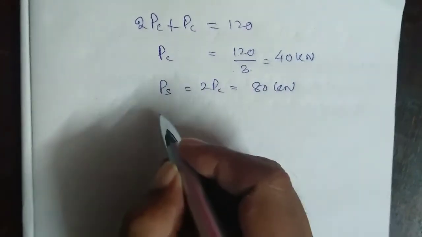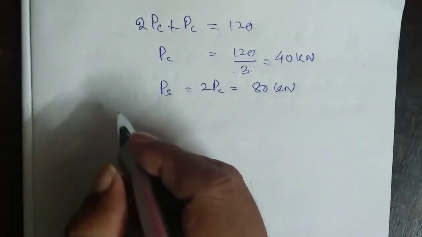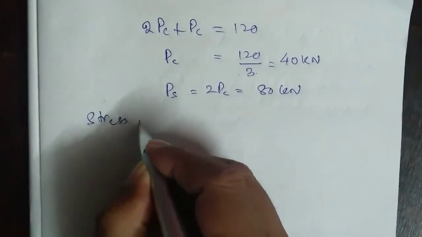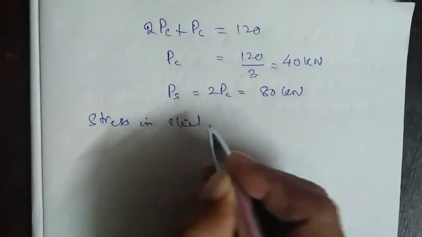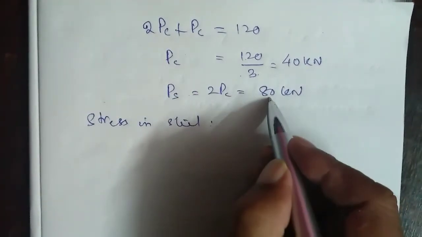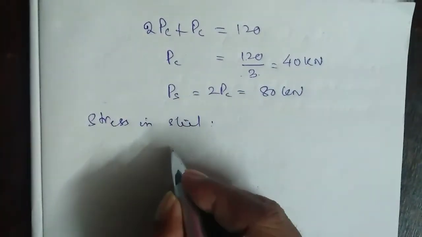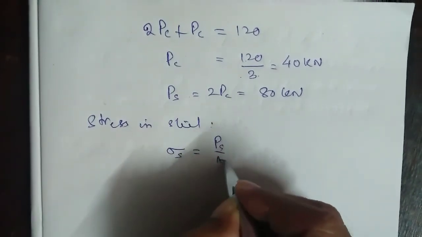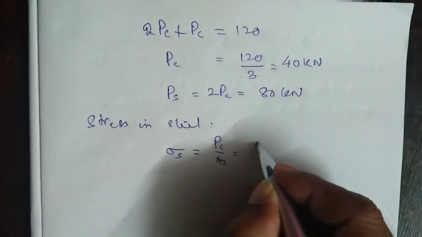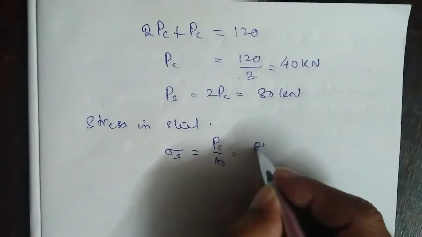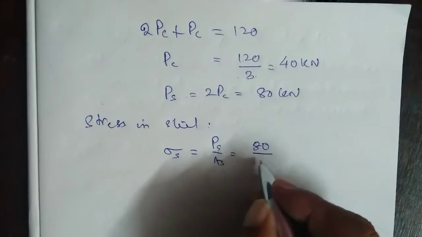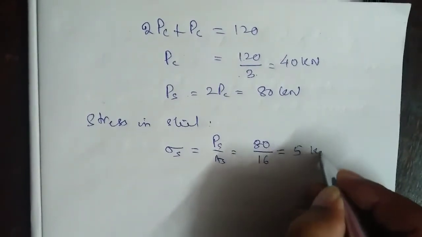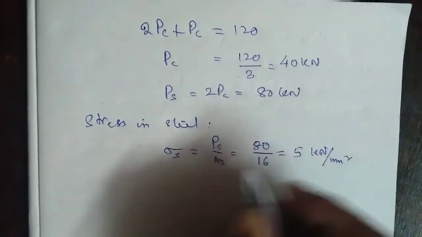Now the question has also asked you to find the stresses in steel and copper. Now that we have load on steel and area of steel, we can find stress. Sigma S of steel is PS by AS, that is 80 by 16, so it is 5 kilonewton per mm square.